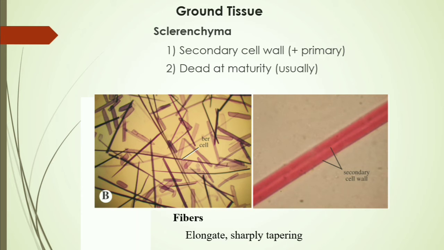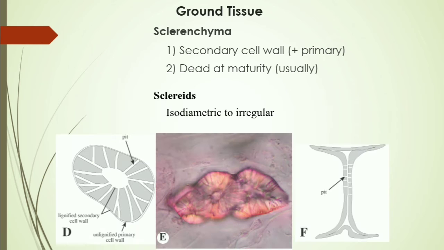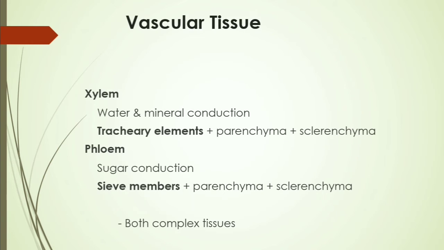Usually they are dead, and they may be of two types: fibers that elongate sharply and are tapering, as you can see in the figure, and sclereids, that is isodiametric to irregular cells with thickenings present. Vascular tissue, xylem, is for conduction of water and minerals.